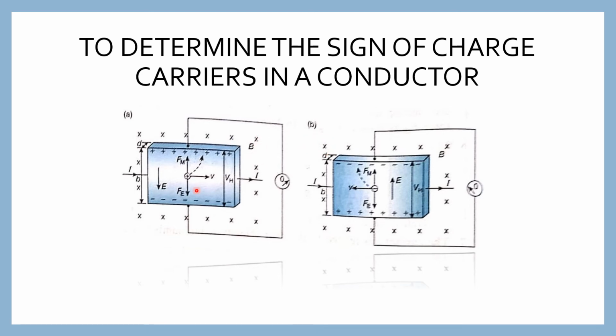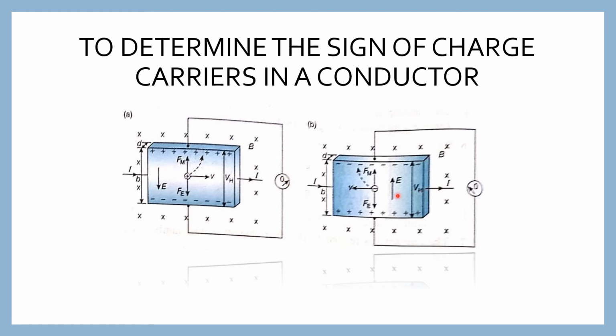The Hall voltage produced in a conductor with positive charge carriers has a positive potential at the top and a negative potential at the lower edge. A sensitive zero galvanometer will be deflected in the direction shown.